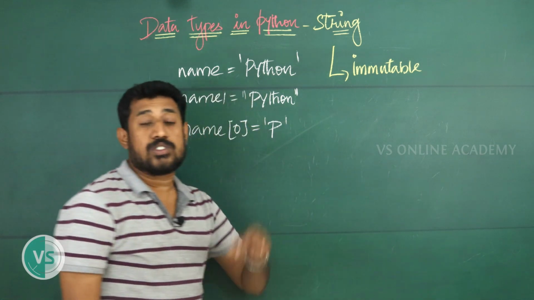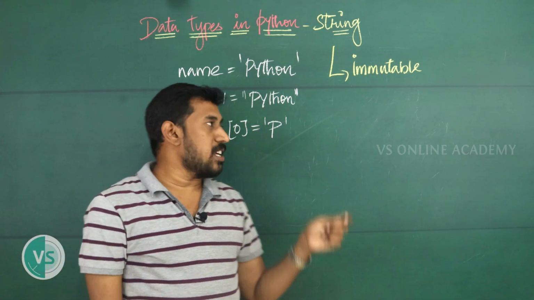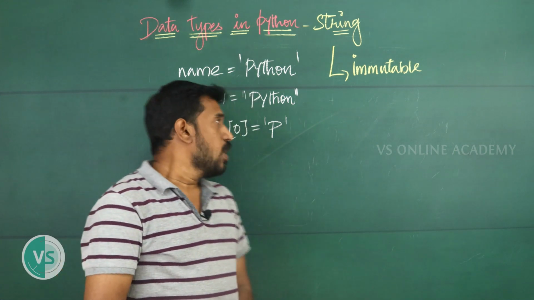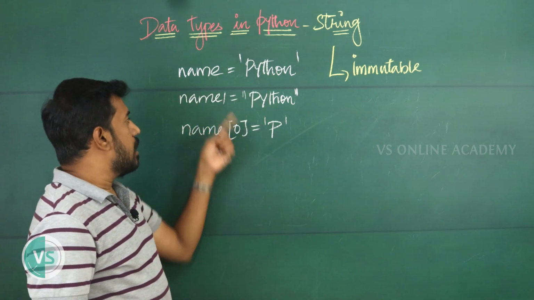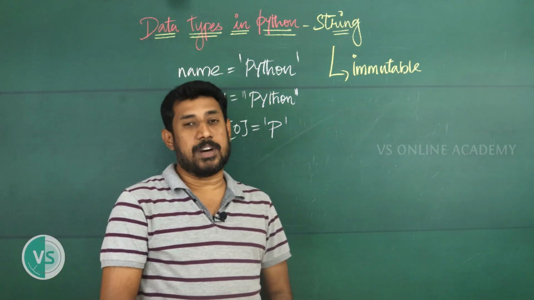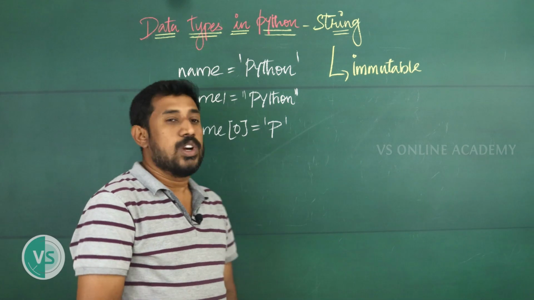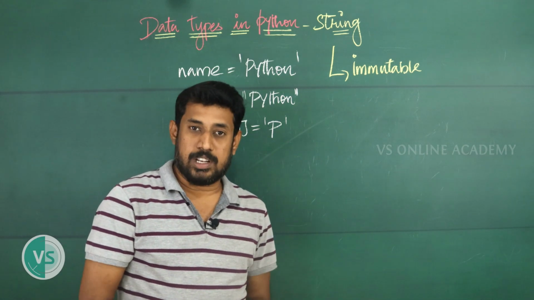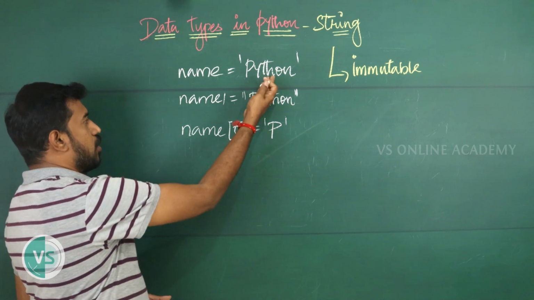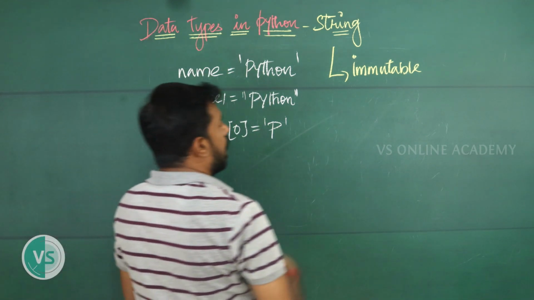That means strings are not able to change their particular value. This is the very special thing. So if we want to change a single character, we have to reassign a particular value to the variable, so that strings are immutable.